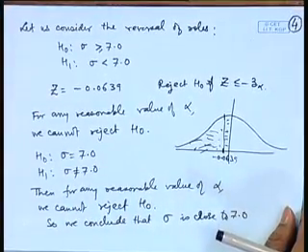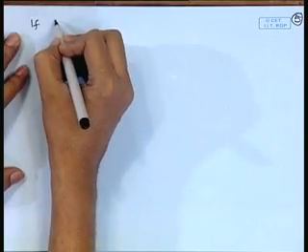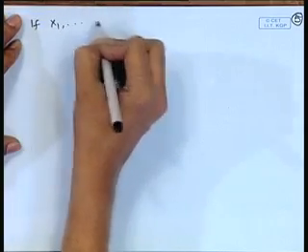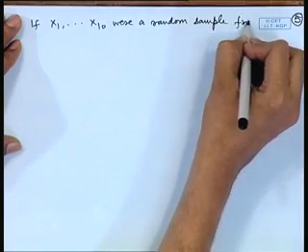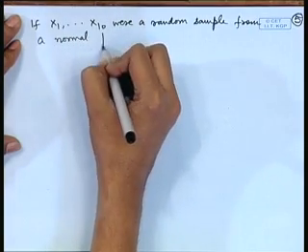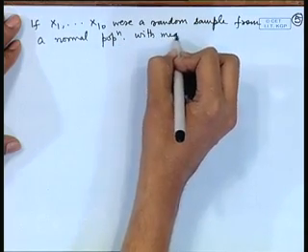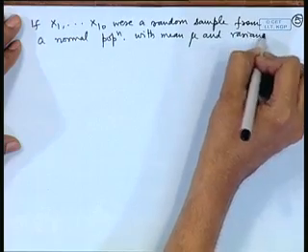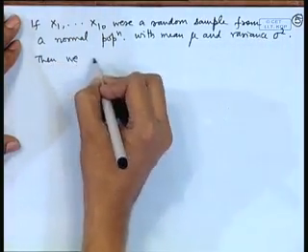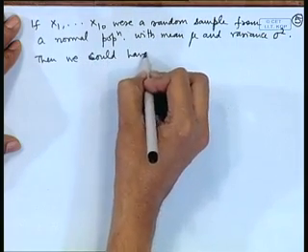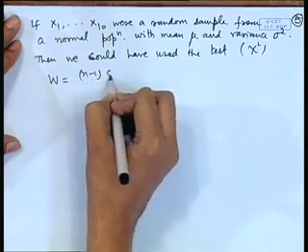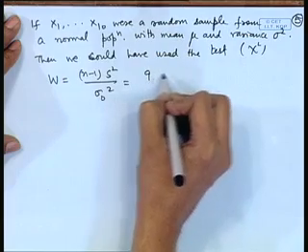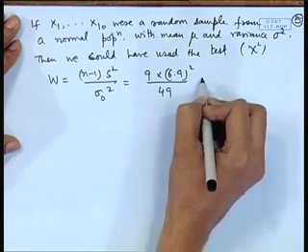In this case, suppose the normality assumption was there. If x1, x2, up to x10 were a random sample from a normal population with mean mu and variance sigma square, then we could have used the chi-square test, that is W equal to n minus 1 times s square by sigma naught square, that is 9 into 6.9 square by 49.